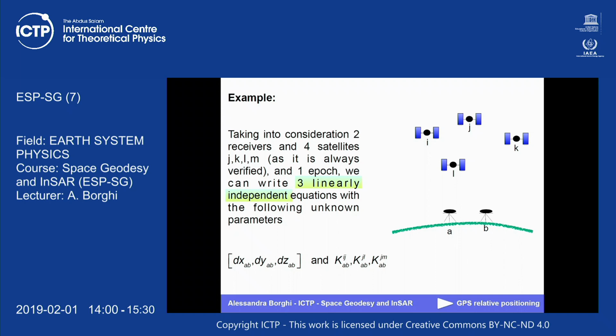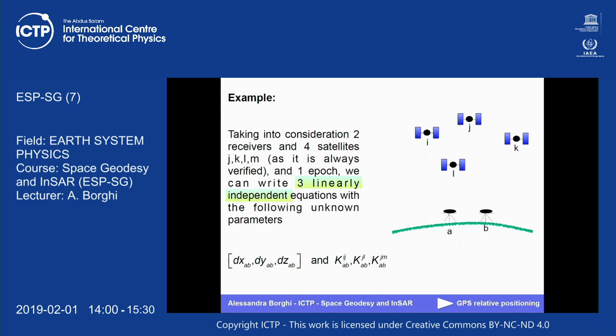So we know that at least we have as unknowns the baseline components, the x, y, and z components of the vector AB of the baseline, and the ambiguity, the combination, we are speaking about double differences of the initial ambiguity, the N.